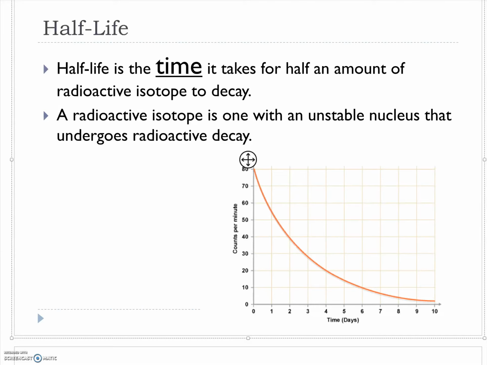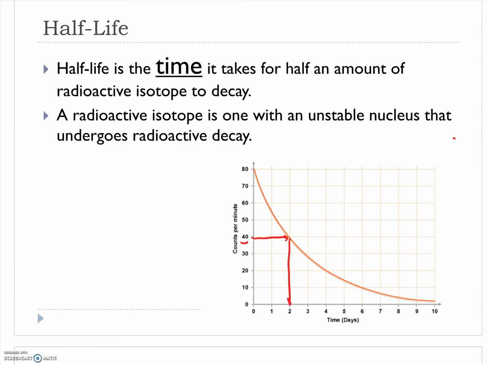So if I wanted to find the half-life, looking at this graph, I have 80 grams. Half of 80 is 40. So if I go across the graph to where it touches that line and go down, the half-life for this particular substance is 2 days. Some are days, some are years, some are many, many years, and some are just seconds.